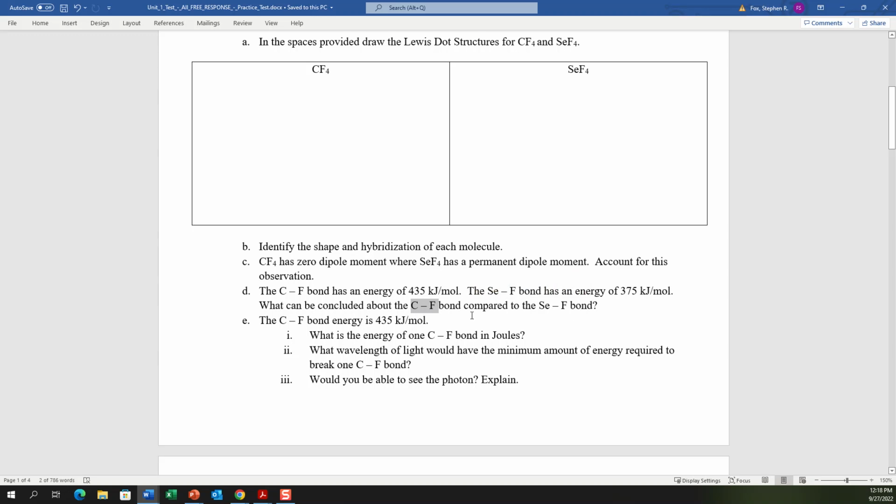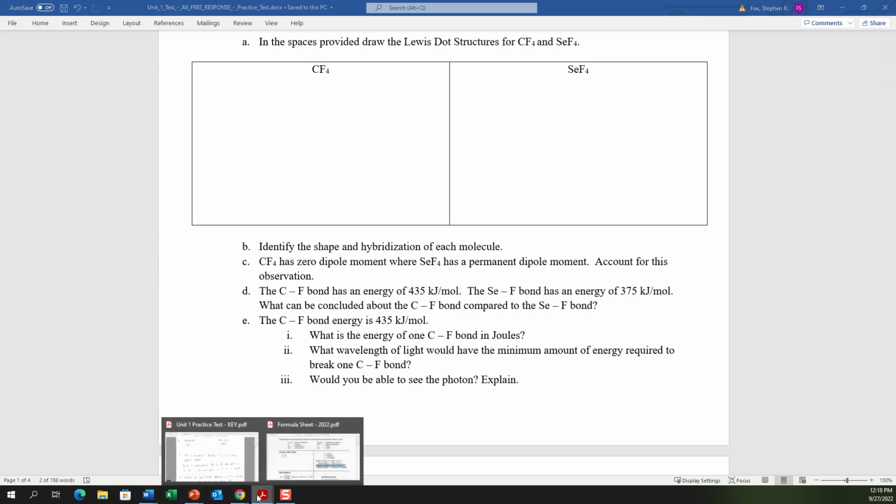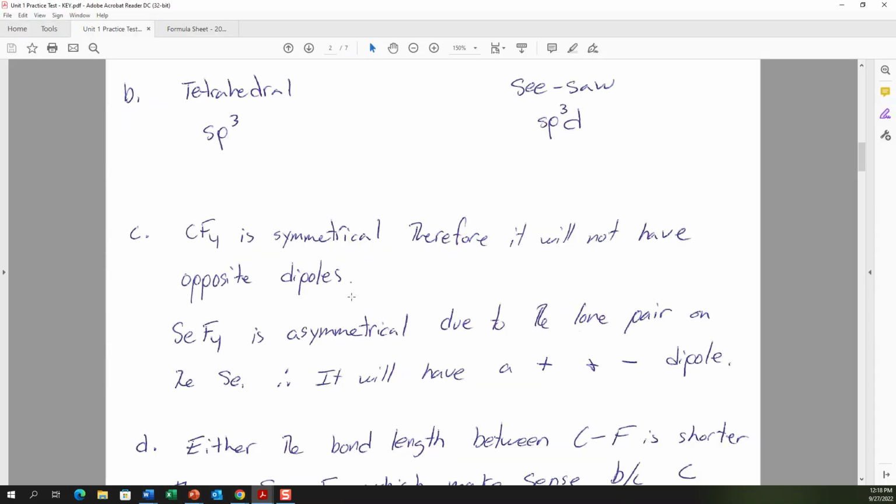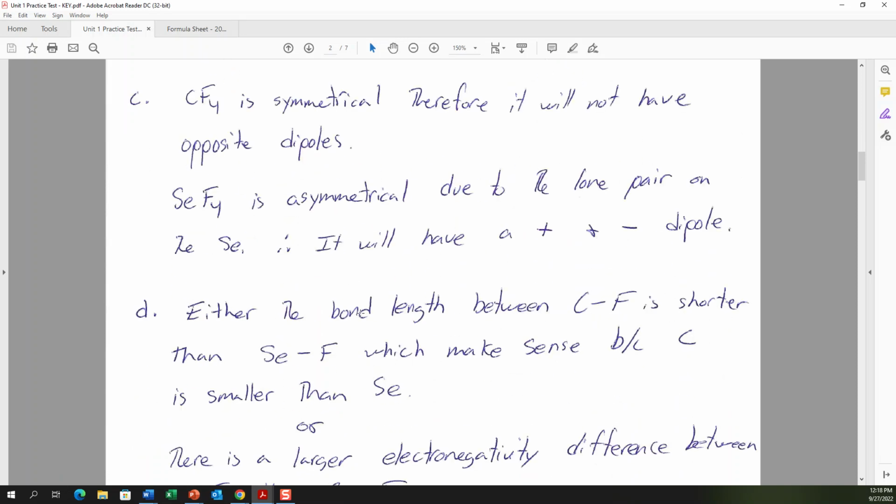But because you weren't told the electronegativity values, if you said that there was a bigger electronegativity difference between carbon and fluorine versus selenium and fluorine, you would still get credit for saying the one is more polar than the other. You don't have to know that carbon and selenium have the same electronegativity value.